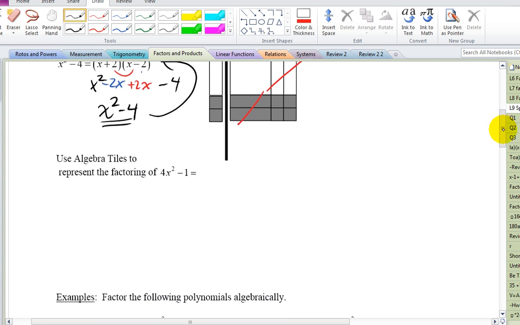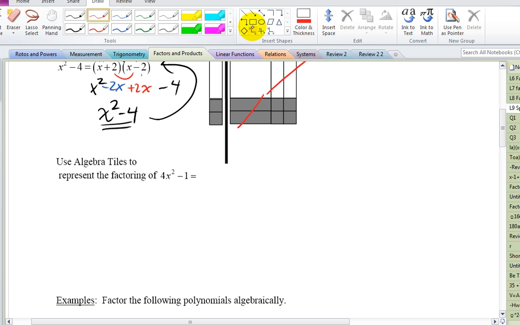So what we do is let's just draw this one to start with. Okay. So here we have 4x squareds. That must make a square. Okay. So there's 4x squareds. Oops. Let's draw it this way, yes. Here's 4x squareds. And here's a minus 1. We'll shade it in. Okay. So what's happened is our x's have disappeared.